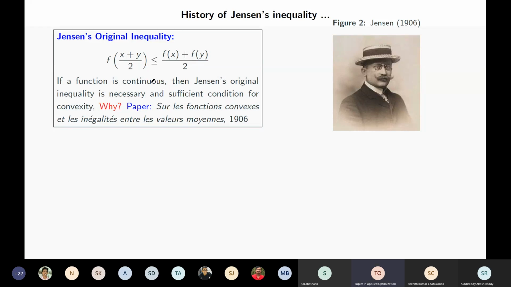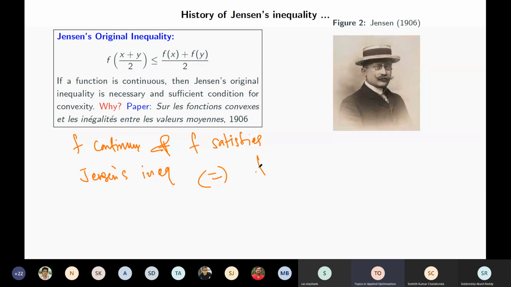So if f is continuous and satisfies this inequality, then that is the necessary and sufficient condition for convexity. So f continuous and f satisfies Jensen's inequality implies, and is implied by, f is convex.